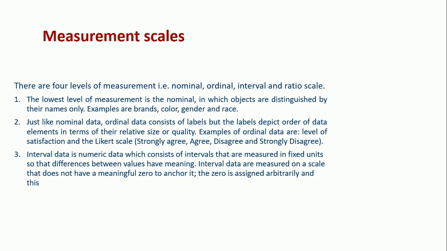The interval level of measurement does not have a true zero. One good example of a variable that falls under the interval level of measurement is temperature. If a body is measuring 0 degrees Celsius, it does not indicate absence of heat. So there is not a true zero.